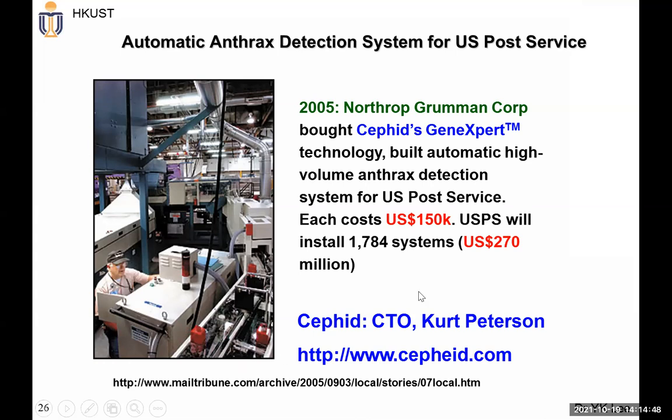So PCR is one of the important things for medical diagnosis. For example, you probably were asked to do this kind of COVID-19 RT-PCR testing, right? The traditional PCR machine in a hospital is very big, like ABI, Applied Biosystems, this kind of machine for COVID-19 RNA testing.